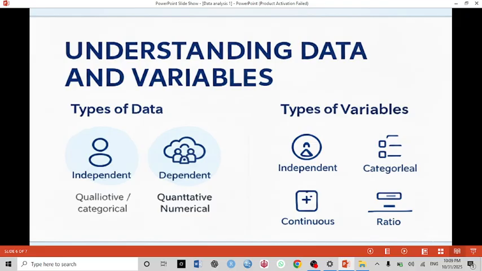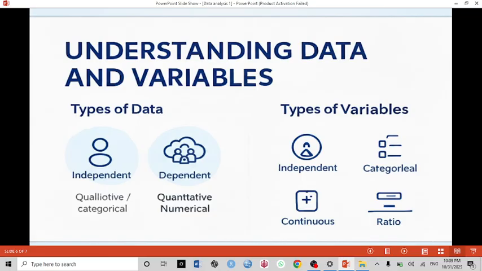Under numeric variables, we also have scales. There we have the ratio scale and the continuous scale, which you can see here on the screen. They are basically numeric variable types, right? Okay, we also have the interval scale.